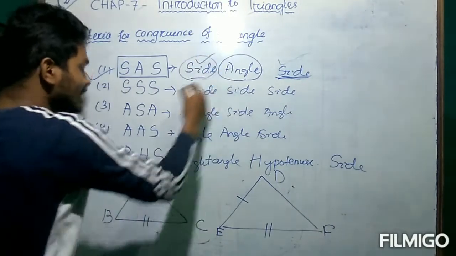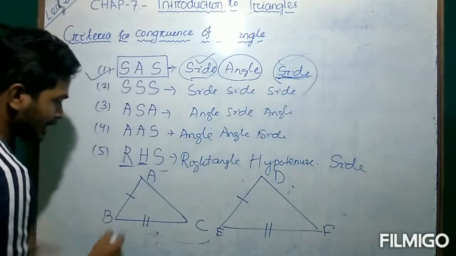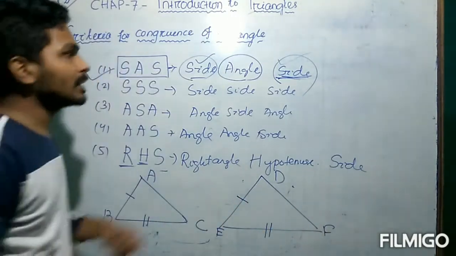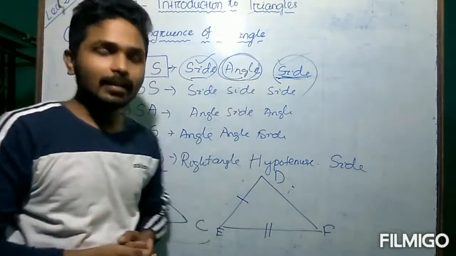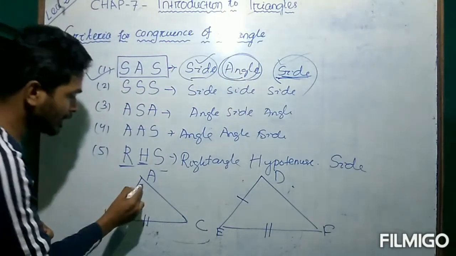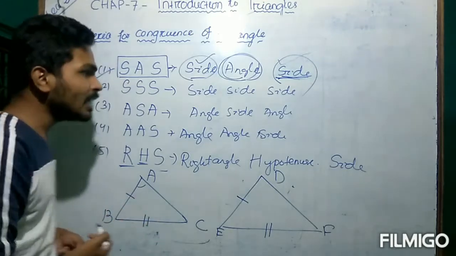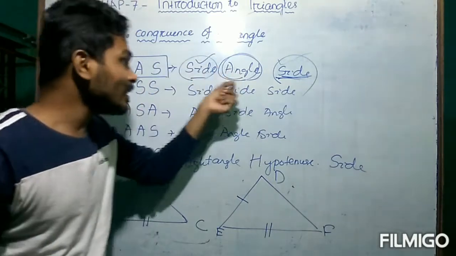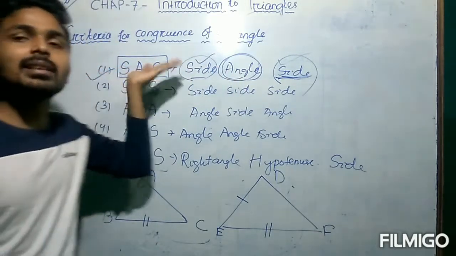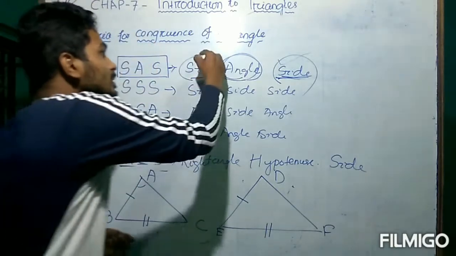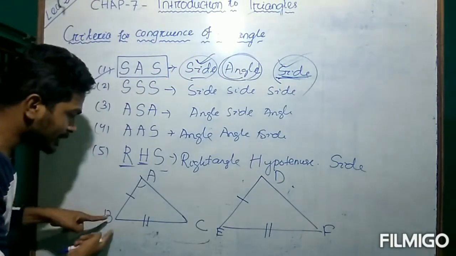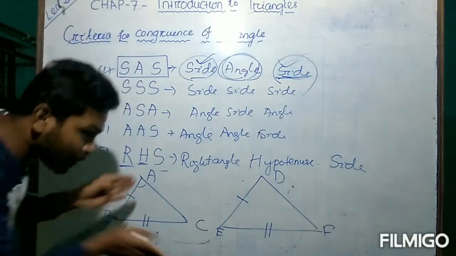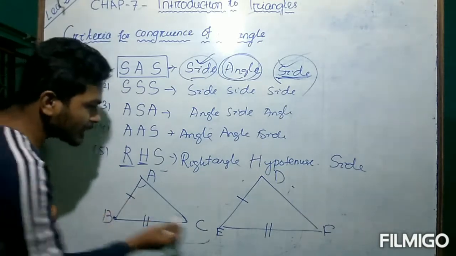There are 3 angles in a triangle. Which angle must be taken so that the two triangles follow this criterion? We have chosen two consecutive sides. Consecutive means they emerge from a common point. That's why they are known as consecutive sides.